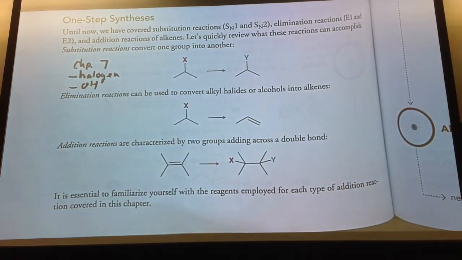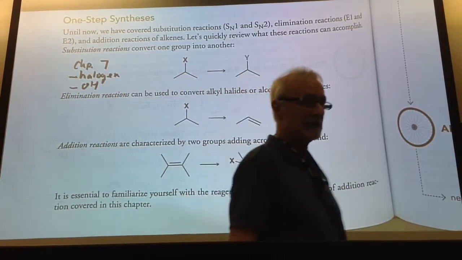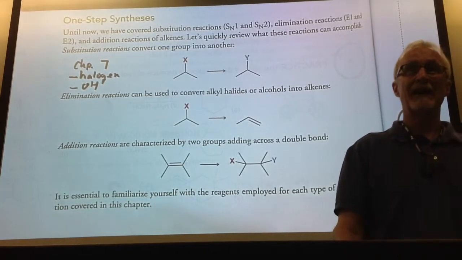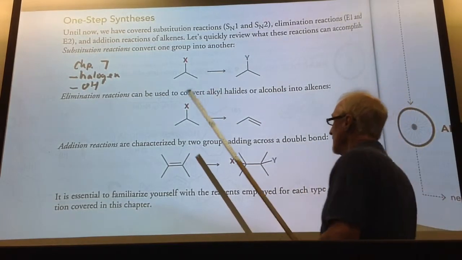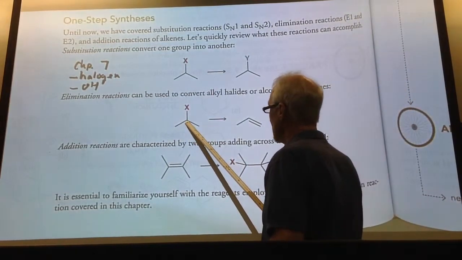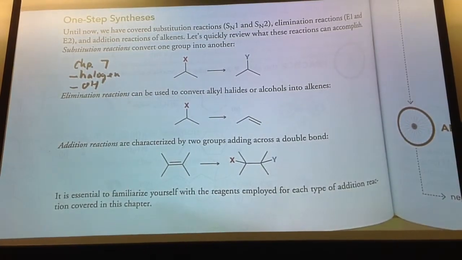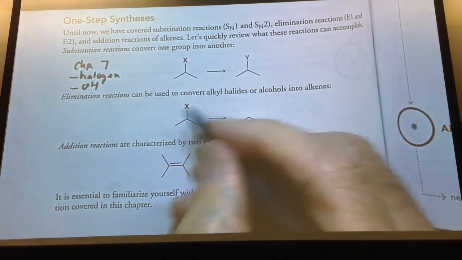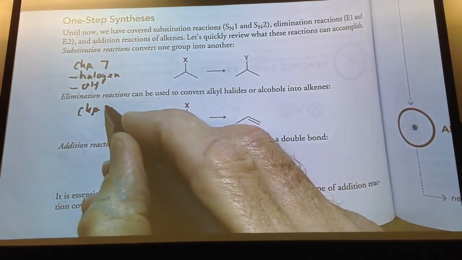Okay, so so far the substitution reactions you've learned, the leaving group X was either halogen or an OH. If it was an OH, you had to add an acid first to get it to leave, because OH minus is badly leaving. Again, in this elimination reaction, X was also either a halogen or OH. Because you get a dehydrohalogenation or dehydration. So this is the elimination reaction. This is the one you learned in chapter 8.